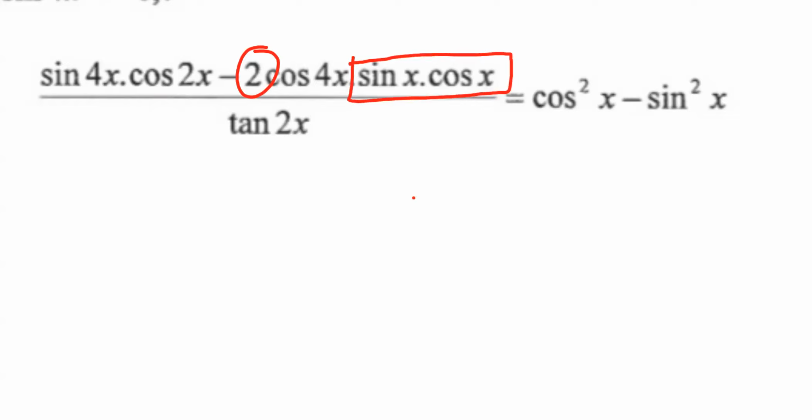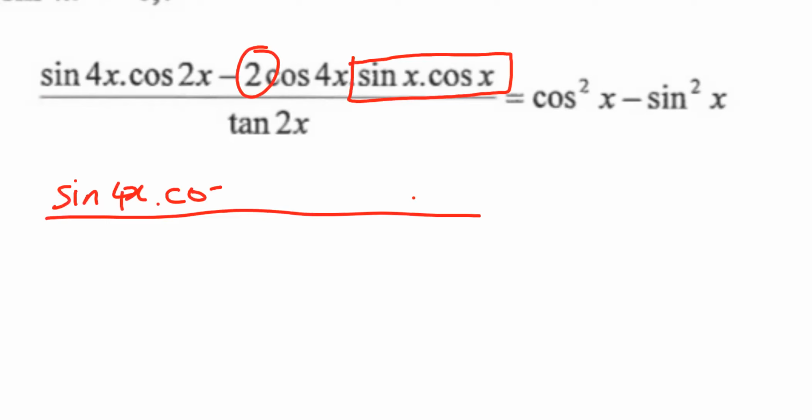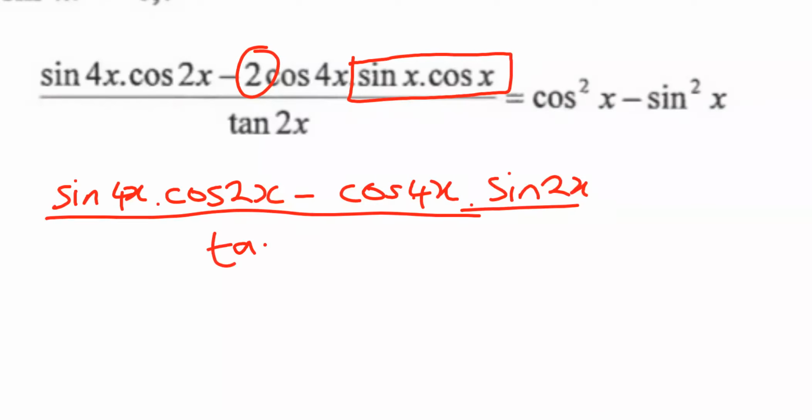and then having the sine 2x identity. Okay, so let me just rewrite our numerator. We're still going to have sine 4x cos 2x minus cos 4x times, remember this now, the 2 and the sine x cos x, which is now going to become sine 2x. And all of this is being divided by tan 2x.